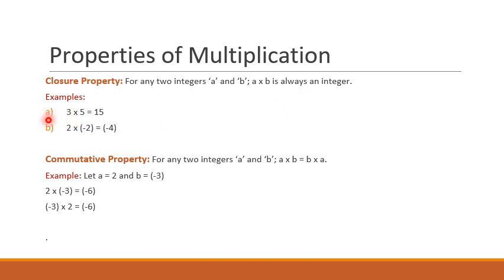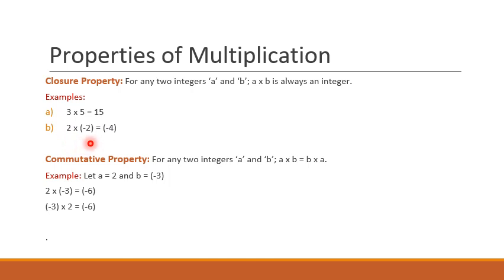So let's see it with the help of few examples. So here I have taken two integers 3 and 5. Both of them, they are positive integer. So the product is plus 15. So it is a positive integer. Now let's see if I multiply 2 with minus 2. So here both the integers, they have opposite sign. So answer is negative.